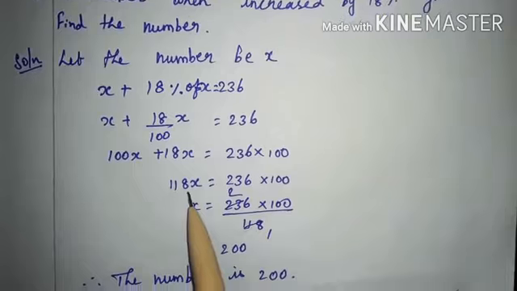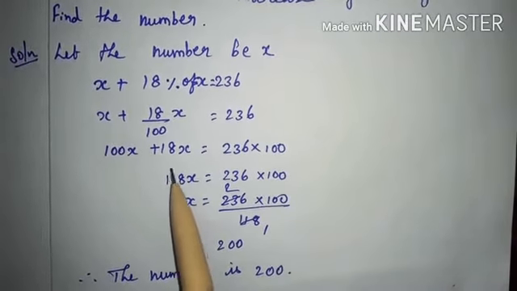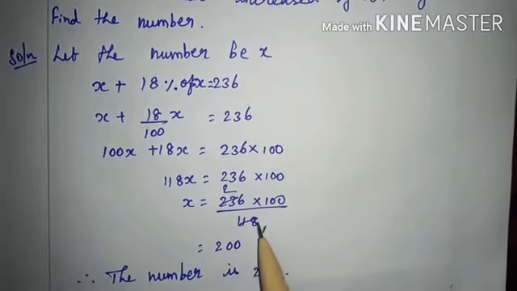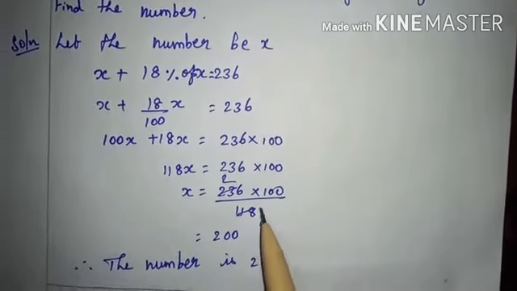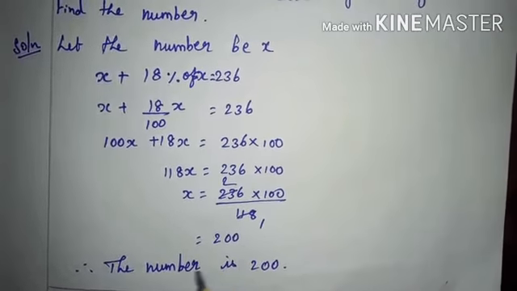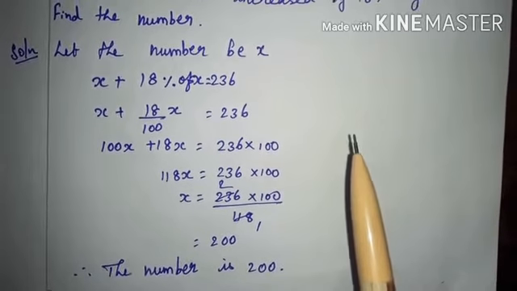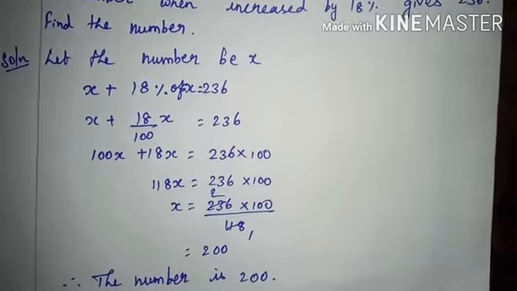That is 118x is equal to 236 into 100. When you move this 118 to the other side, it becomes division. After cancelling by the common factors, we get the answer as 200. Therefore, when a number is increased by 18% which gives 236, the number is 200.